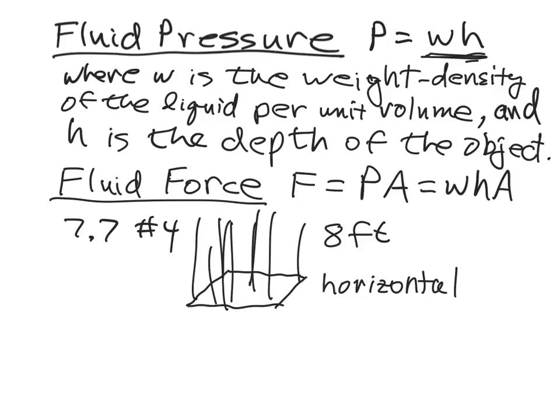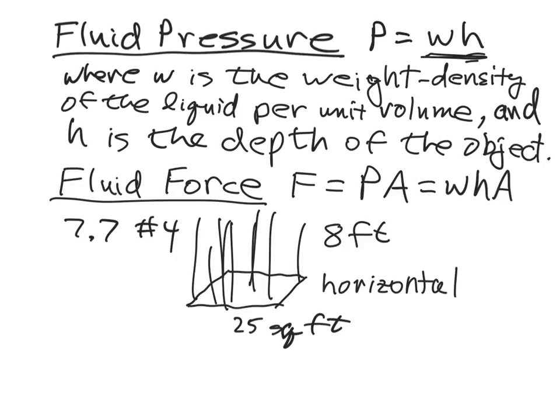Well, we're given in number 4 that the sheet metal is 25 square feet. So we don't know if it's a rectangle or a square or anything like that. We're just given the actual area. We don't have to do any calculations, thank goodness, for the area part.